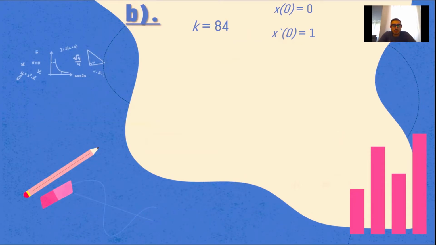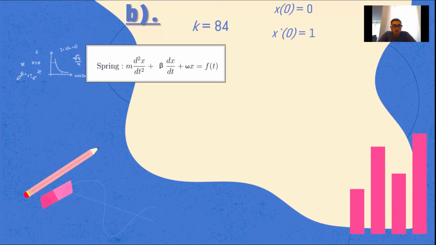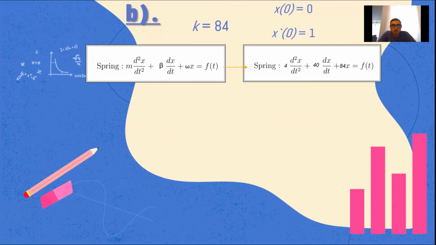For B, it actually gives us the spring constant given the parameters, with x prime equals 1 as the velocity. And per the general spring equation, we can plug in the numbers as 4 for mass, 40 for beta, and the given spring constant of 84. We turn that into the auxiliary equation of 4m squared plus 40m plus 84.